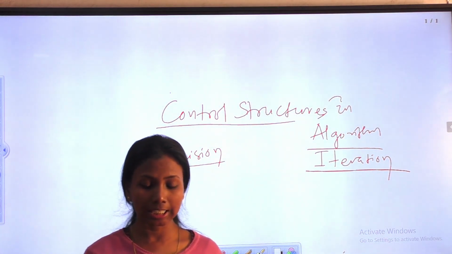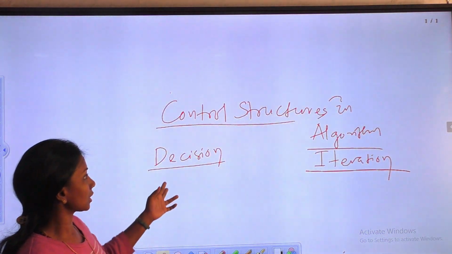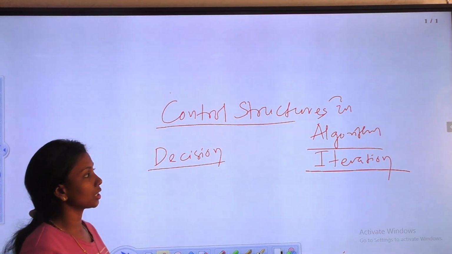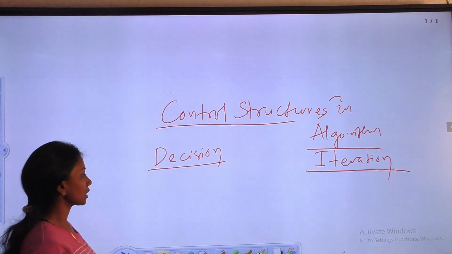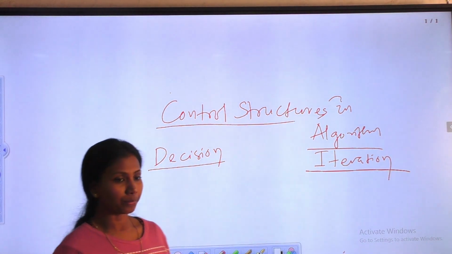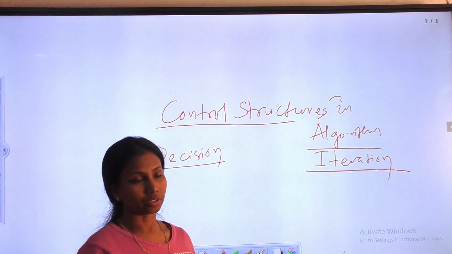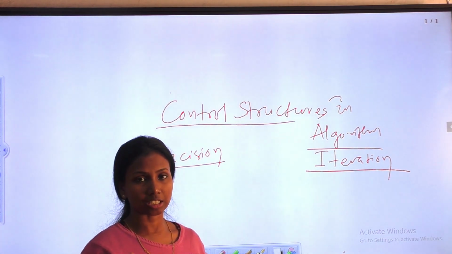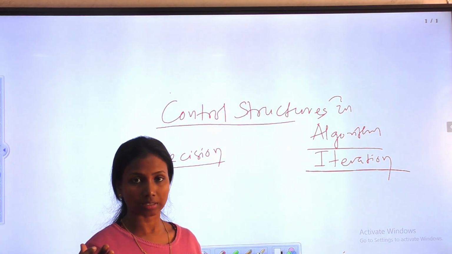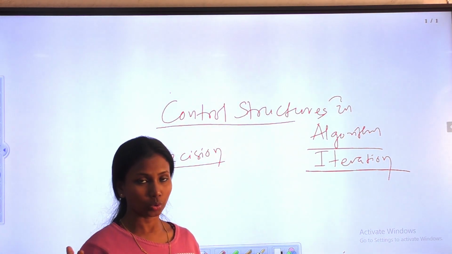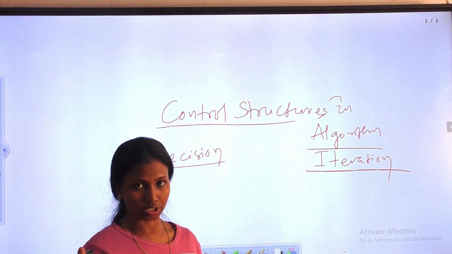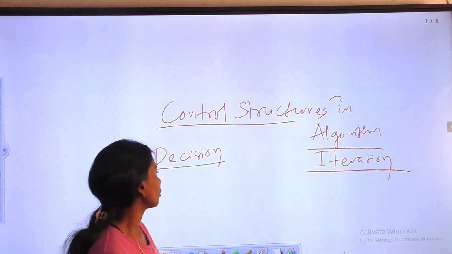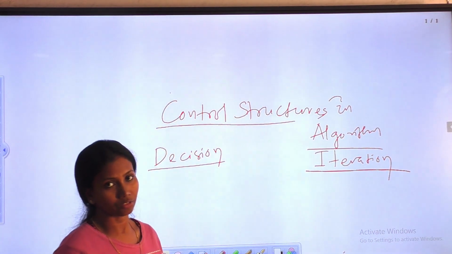Among the control structures used in your algorithm, decision means, like I have already given you some examples, if your age is 18 plus, then you are eligible to vote or to participate in the election. And if you are not, then you can't vote.